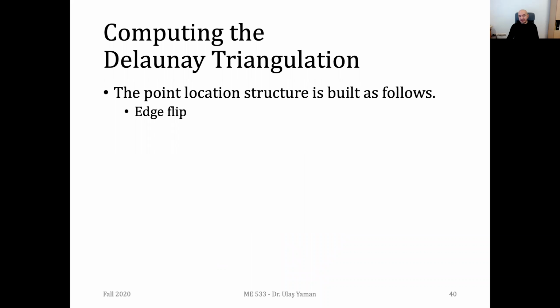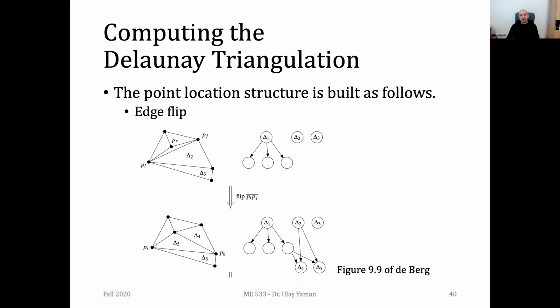And if you come up with an illegal edge, you can still continue with the legalize edge function. Here you see the example. Once you have PR here, then obviously we have an illegal edge here. We have small angles, so we need to legalize it. Once you do the legalization, delta 2 is destroyed and 2 new triangles are formed. That's how it's represented here with the help of the data structure. Initially, we had delta 1 divided into 3 new triangles.